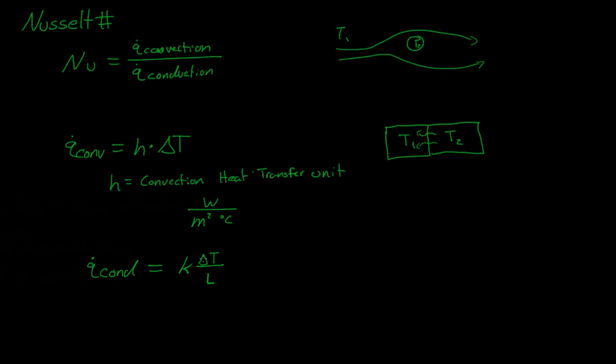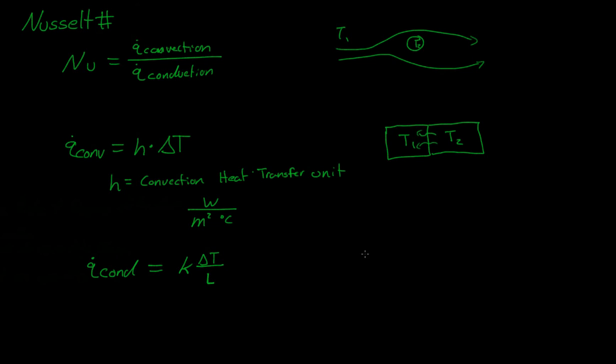So if it's water, it has its own. If it's steel, it's different. And metals tend to have very high K values versus gases, maybe just like insulation, tend to have very low K values.